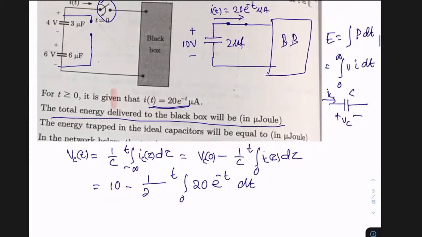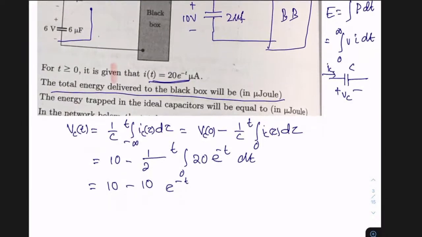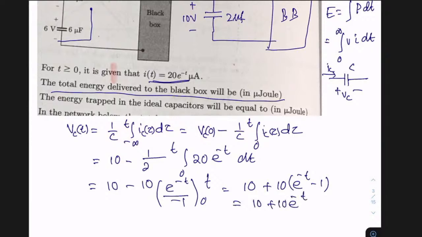Taking 20 out, we get e raised to power minus t divided by minus 1, with the limit from 0 to t. So this is 10 plus 10 into e raised to power minus t minus 10. The 10 cancels out, and the answer is 10 into e raised to power minus t.